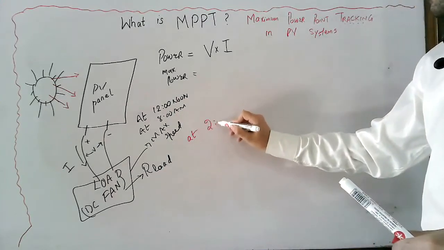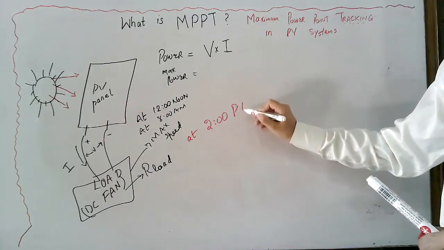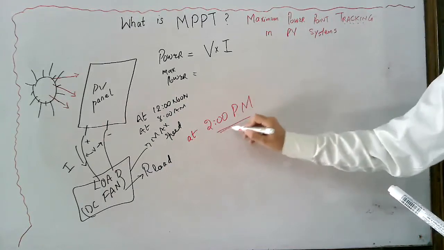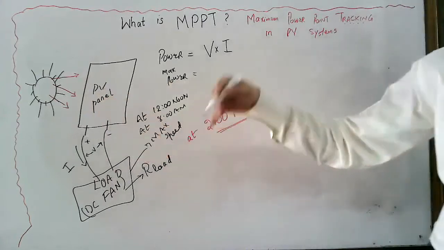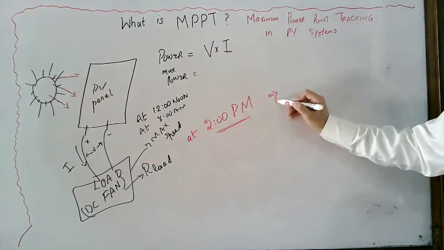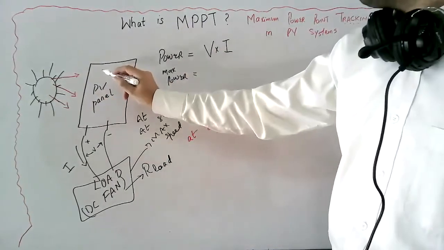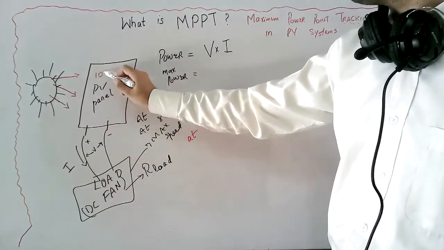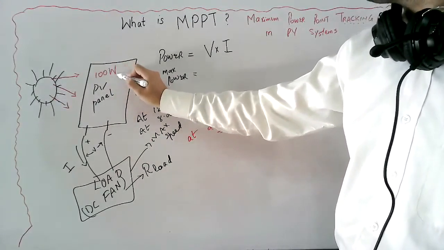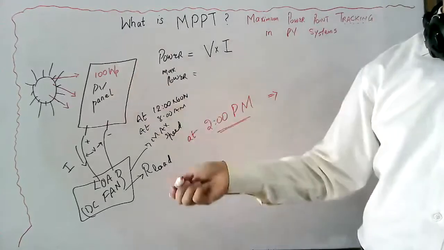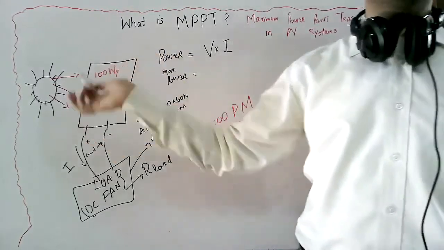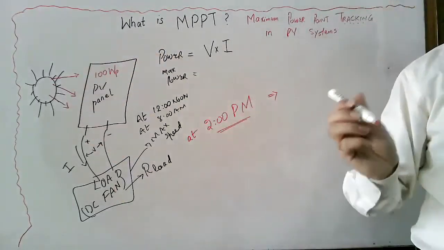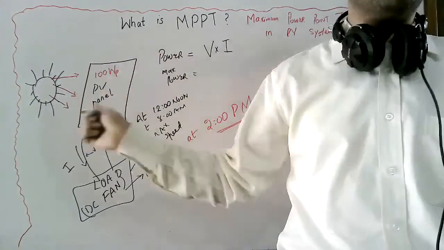Because it is possible that at 2 p.m. the solar panel, let's say this is a PV panel of 100 watts peak, can generate... Peak means the maximum power the solar panel can generate is 100 watts. This is the rating of that panel.